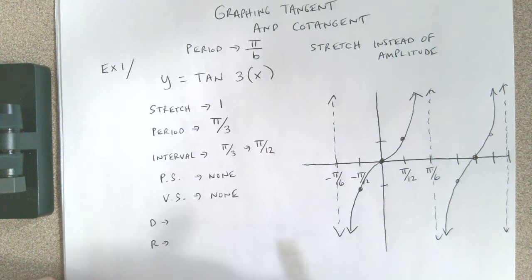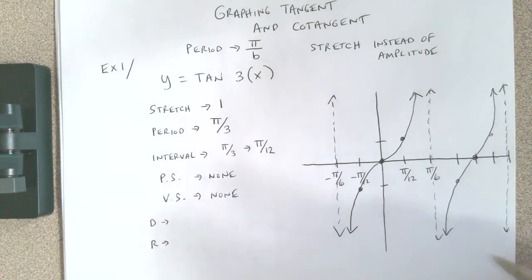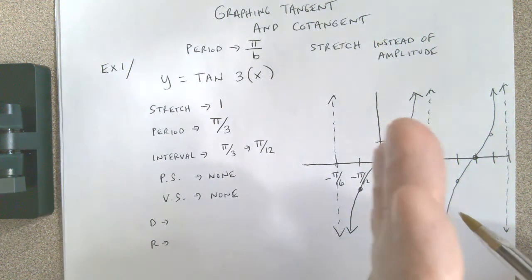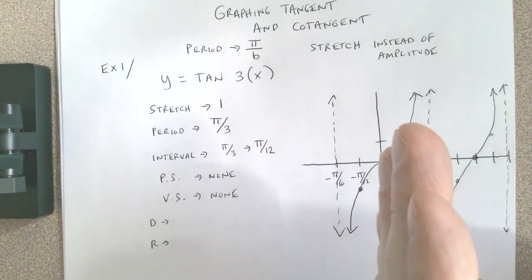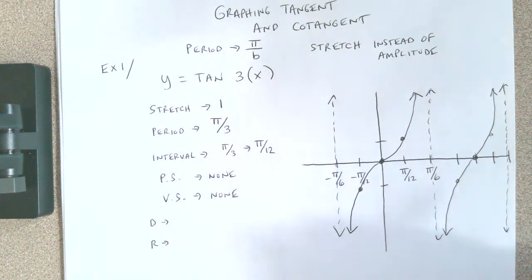And again, it would continue to repeat as we go. So tangent, again, splits the y-axis. Now with the cotangent, which we're going to look at in just a minute, the cotangent actually starts with an asymptote at the y-axis. So it's kind of shifted over to the right.